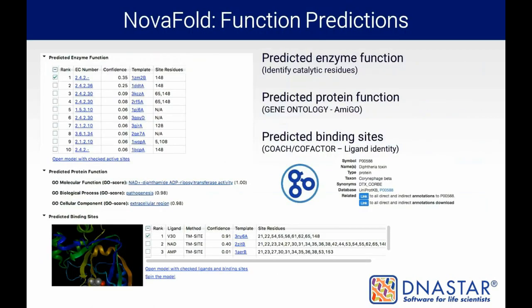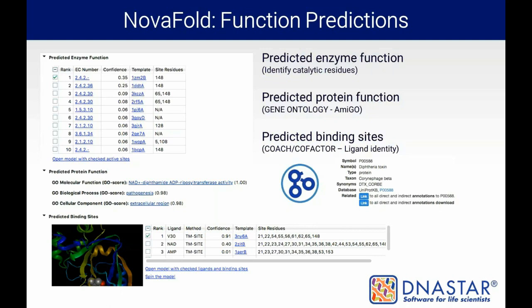We use that collective set of known structures to help guide our function prediction. So it's not sequence-based approaches to predicting function. We use structural approaches. They can be used to help identify binding pockets and enzymatic function, as well as we have a machine learning model that is designed to predict GO terms to represent protein function.